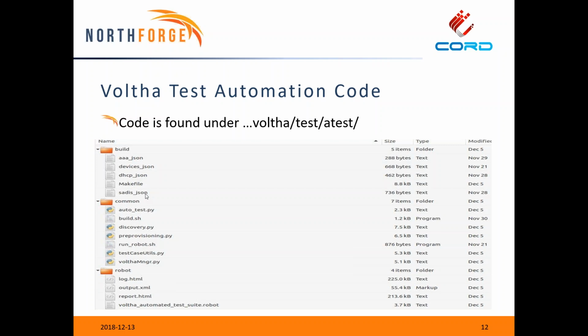These are files that we have to push to ONOS because there's a discrepancy in how CBA tests for various things and uses ONOS, and we have to make slight changes to the net config to get VOLTHA to go. And under robot, the most important file is the VOLTHA automated test suite. That's the robot file, and the other three files are generated files.